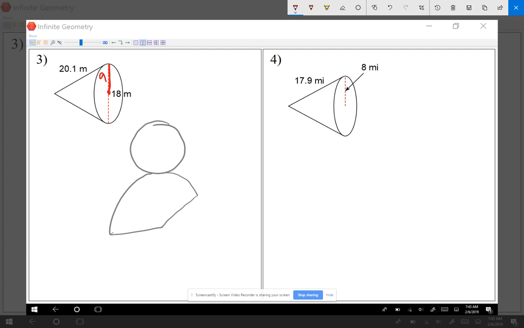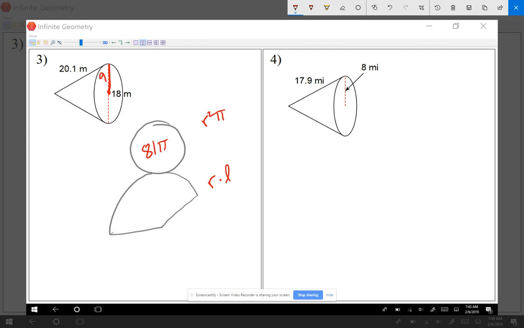So I only need the radius. So because the radius is 9, I'm going to say the circle is 81 pi. Remember, I went radius squared times pi. That's where I got the 81. Looking at the other part, I said it was going to be the radius. We call it lateral height, the other number. So I'm looking at 9 times 20.1.